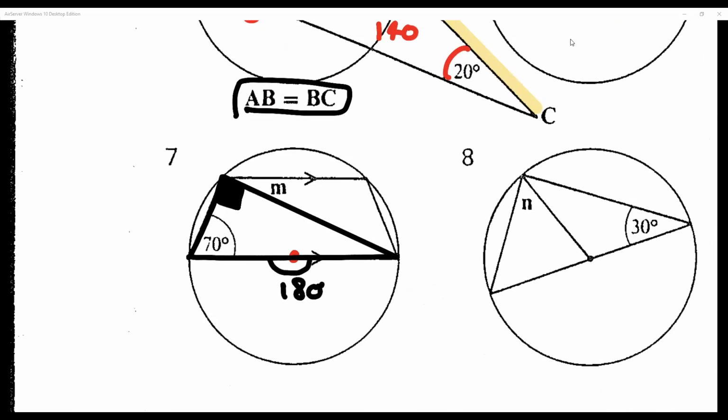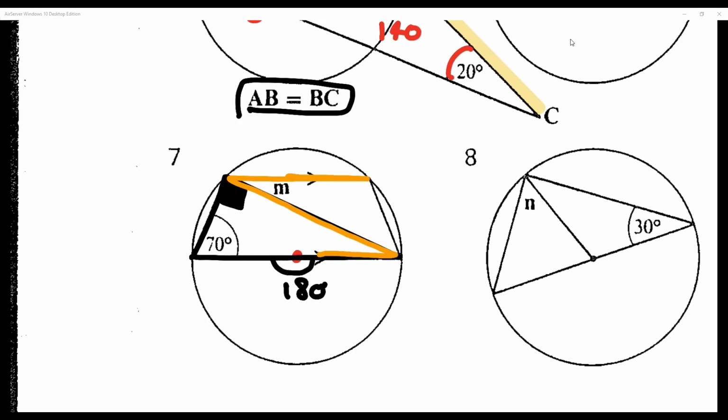What other arrangement do we have in this question? The 70 degrees. We have another arrangement called Z angles. So that's 70. What will this angle here be? That would be 20. So what will M be? 20, because alternate angles are equal.